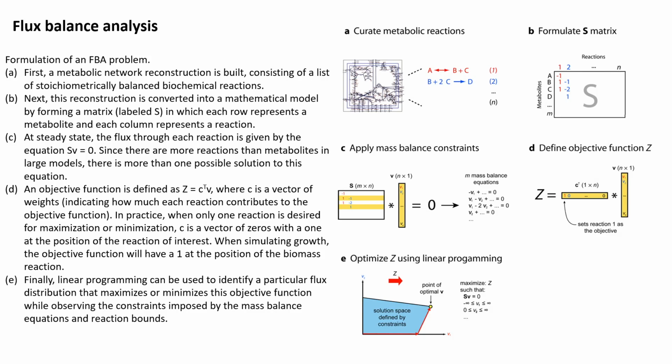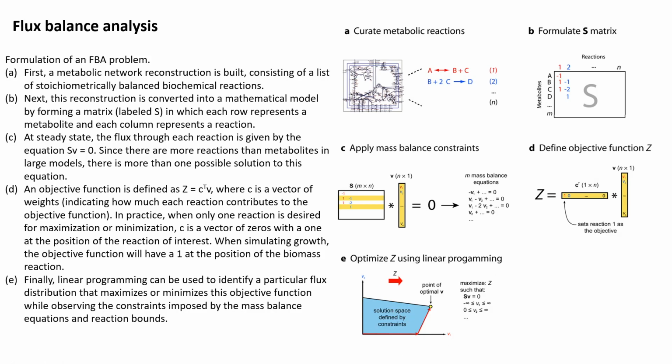We'll look into these examples in next classes, where we will do some real life examples on how these models are created. There it will be a little bit more clear about how we move about these objective functions. But yeah, this is the whole idea. So you have your metabolic reactions, you form your stoichiometric matrix, you apply your mass balance constraints at steady state, and you define an objective function, and you optimize this objective function using LP.